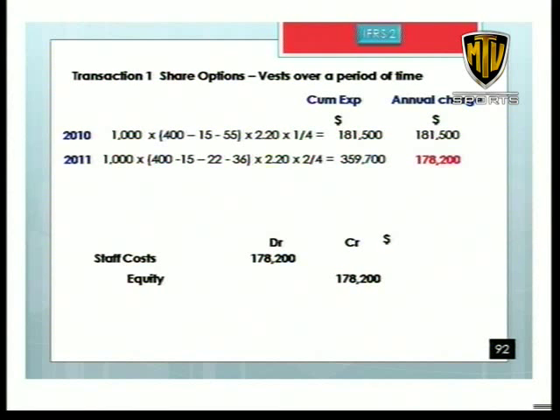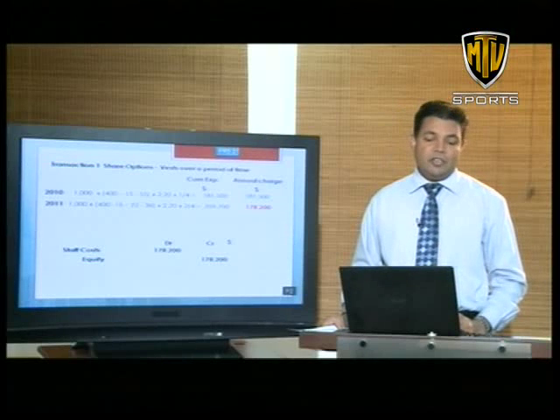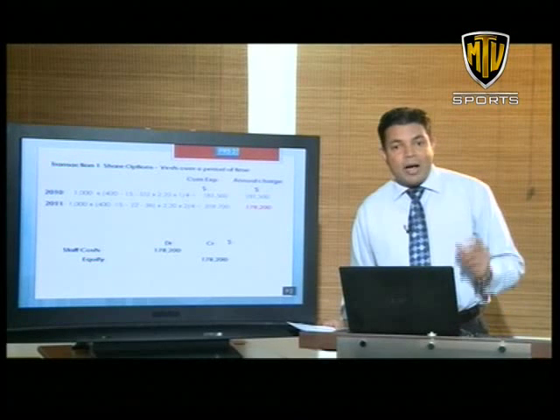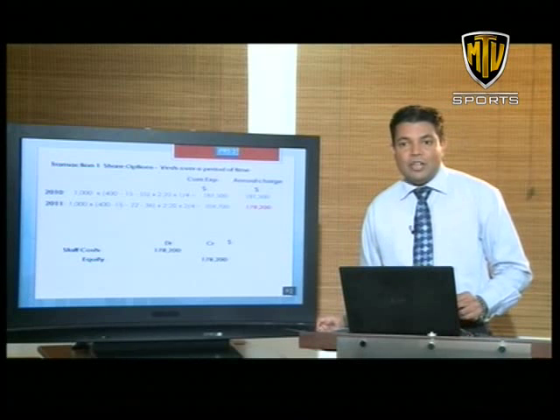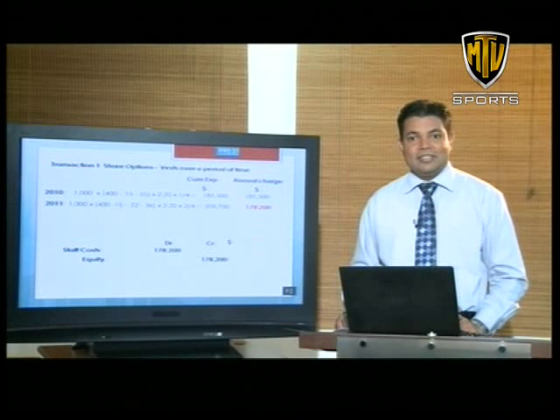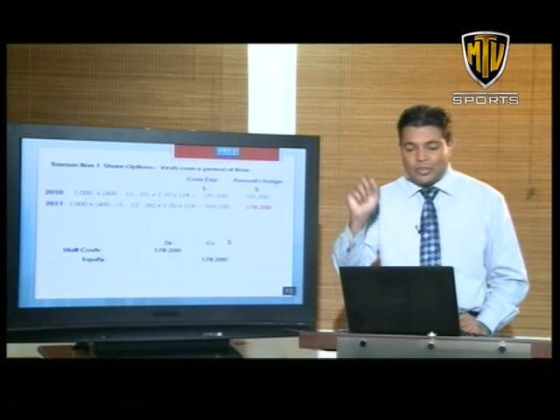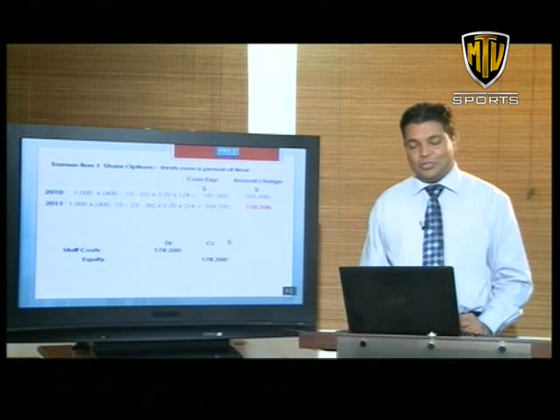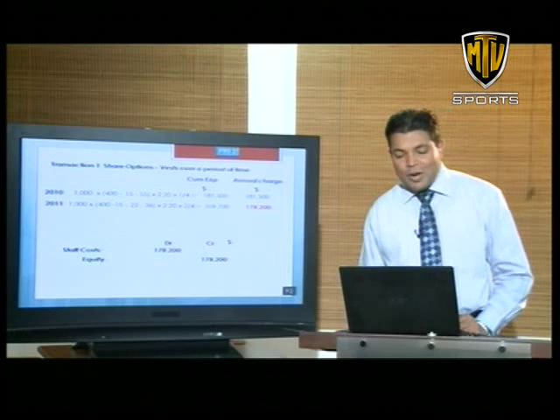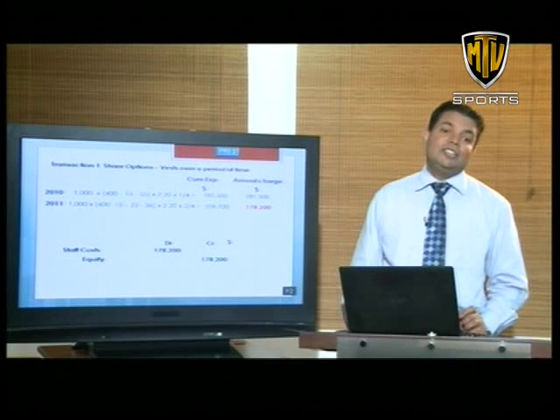You start with 400. In year one, so many people left. The estimated number of resignations is then again given, and you multiply that by the fair value at the grant date, and by the fraction 1/4 in the first year, 2/4 in the second year, and so on. Then you get the cumulative charge and the annual charge.